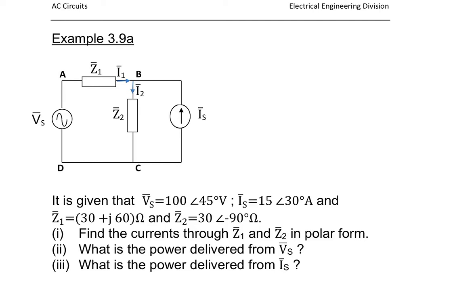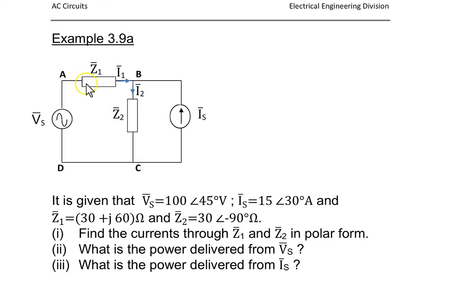It is given that Vs, the voltage source, is 100 at an angle of 45 degrees volt, and a current source Is is 15 at an angle of 30 degrees ampere, and there are two impedances in the circuit.